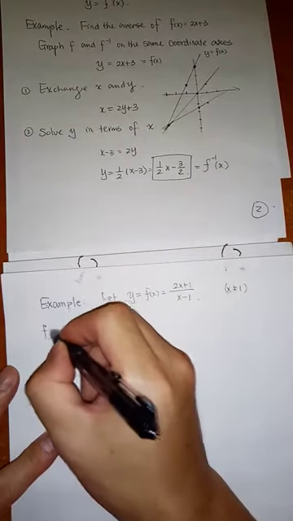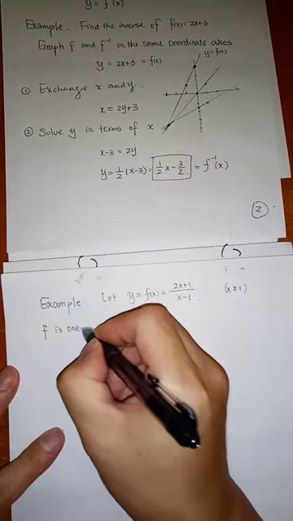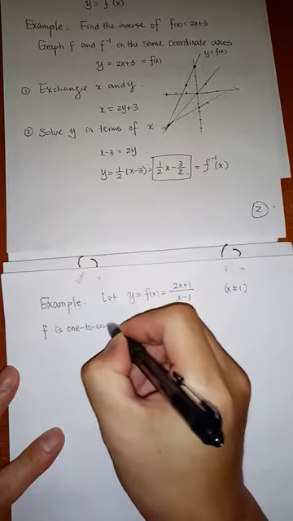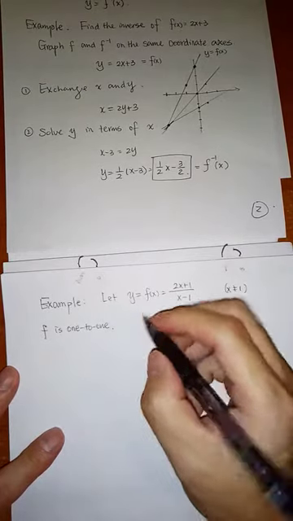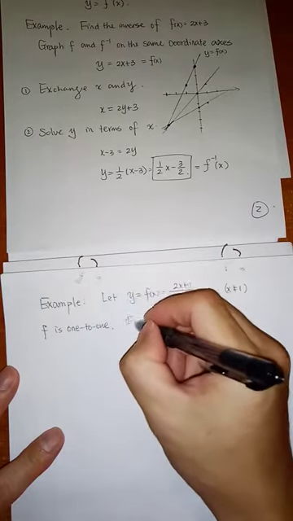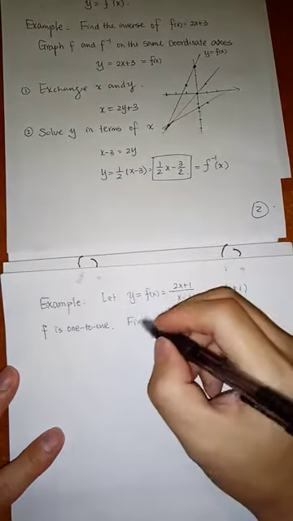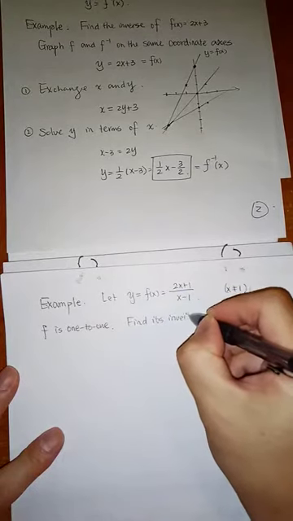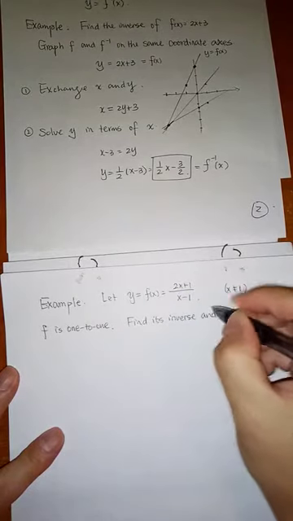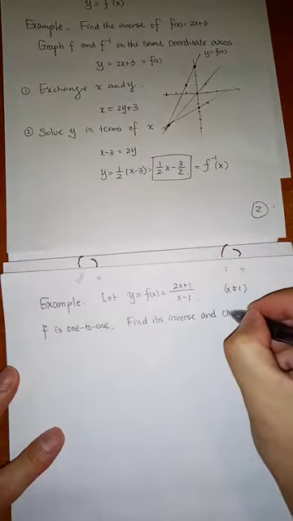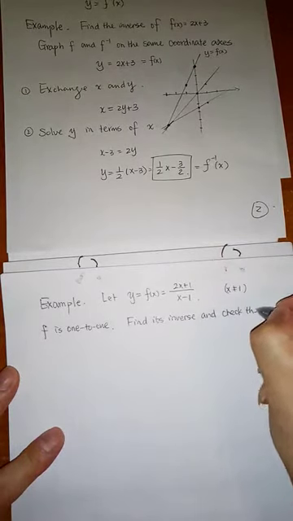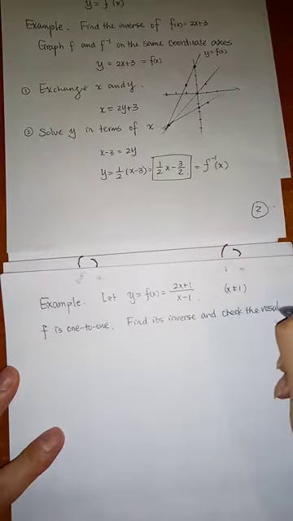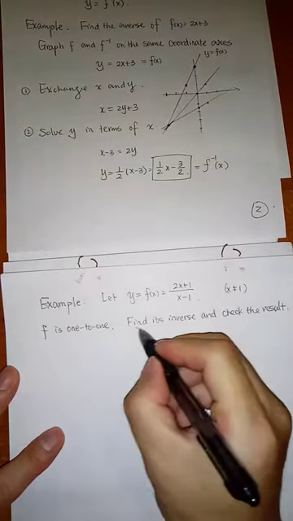And we assume this function f is 1 to 1. Well, of course, we can prove it, but let's just claim it is 1 to 1. Find its inverse and check the result. Okay. So two jobs: first, find the inverse.